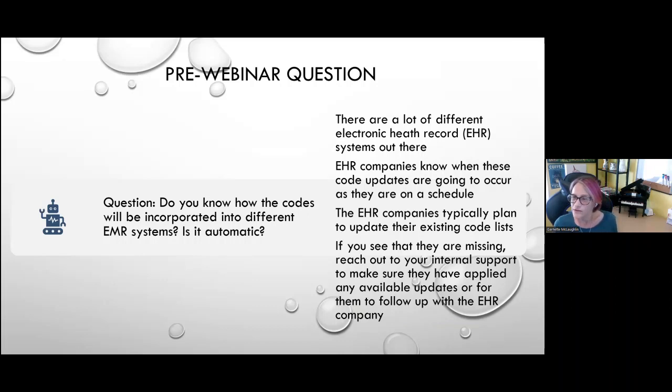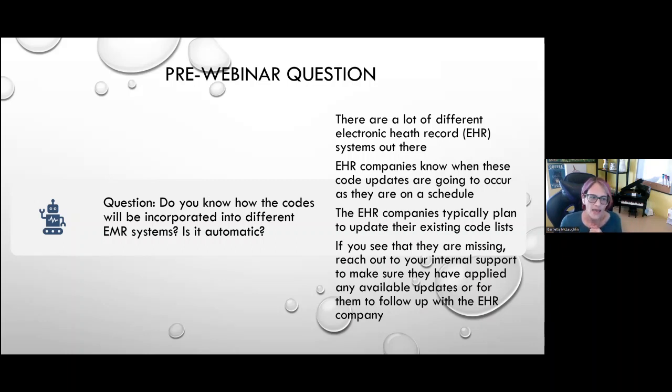There's a lot of different systems out there, but typically all of these code updates happen on a schedule. The companies know when they're coming, and most companies are planning ahead for that. So it should already be there. If you're seeing something missing, and I'm going to assume that this is coming more from the provider side, you might need to reach out to your internal IT support to make sure that they've got the latest version of the software and all the updates are there.